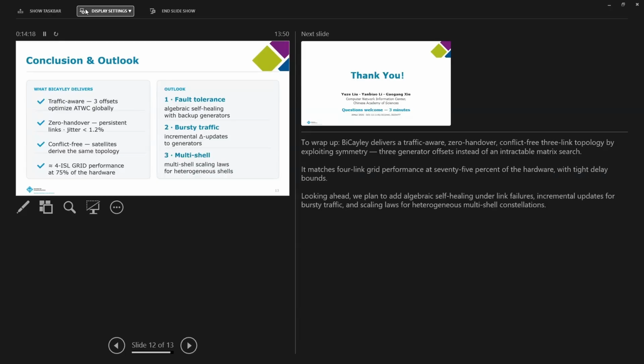But in the current design, it has some ability to account for unexpected faults, like some links breaking. The topology itself has some redundant paths to route the traffic, and in the future we will consider pre-calculation to prepare for link-down events, and that's all.